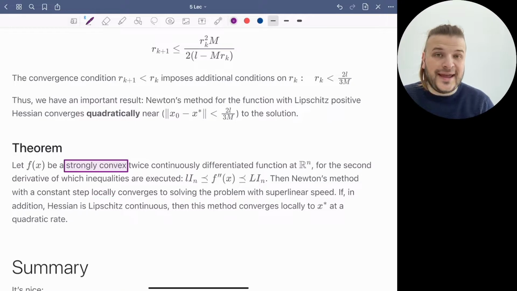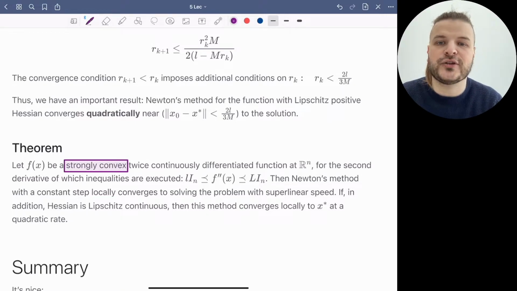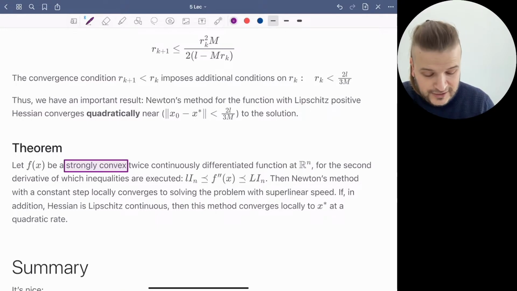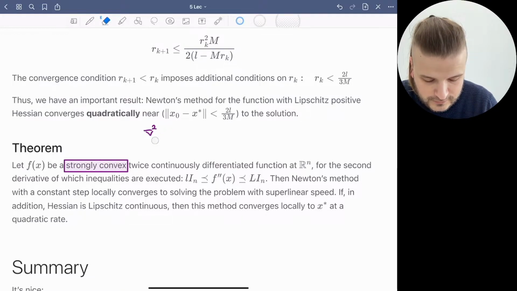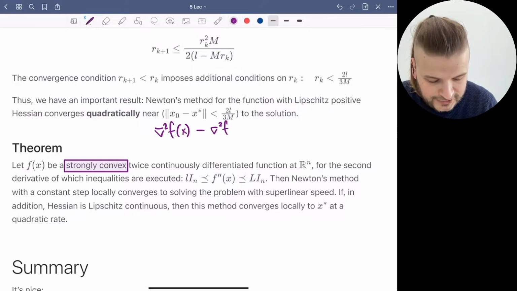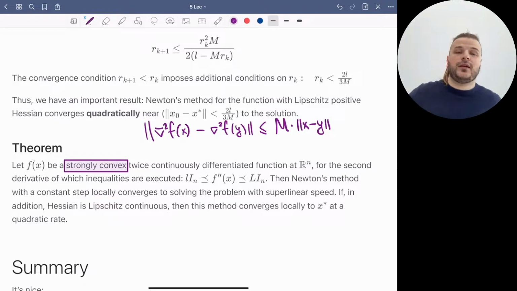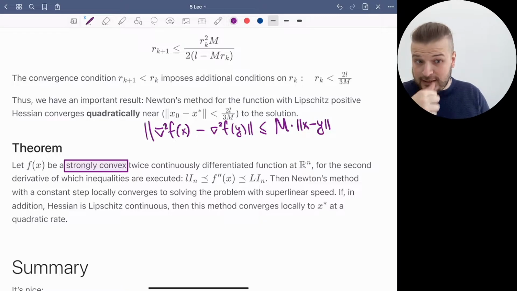Moreover, the Hessian of the function should be Lipschitz continuous, which means that for any points x and y, the difference of the Hessian in norm should be bounded by some constant M multiplied by the difference of the vectors itself.